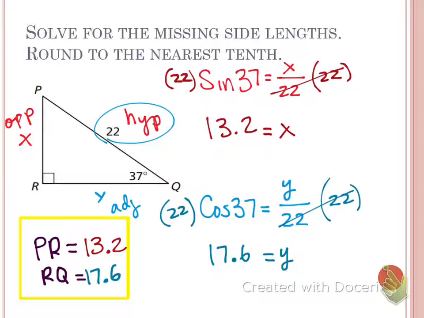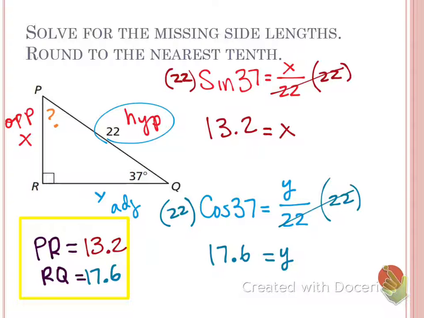So here's what we're doing today. This section is called solving right triangles. All it means is finding all the missing sides and all the missing angles. You already found the missing sides in this problem. The only extra step that we would do in this section is find angle P. So we already know how to do that, though, don't we? What do the three angles in a triangle add up to? 180. You know you have 90 and 37. You can add them and subtract from 180.